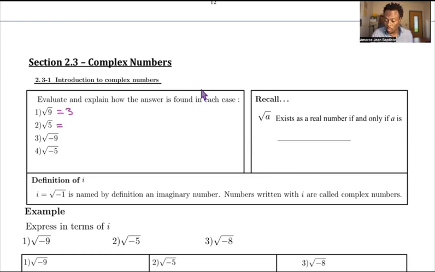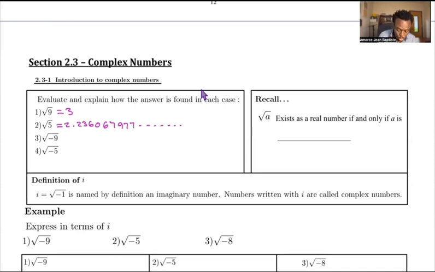So square root of 5 would be 2.2360679... and it keeps going. So this is not a rational number because it's not a repeating decimal and it's indefinite. It's not a rational number, but at least it's a number.